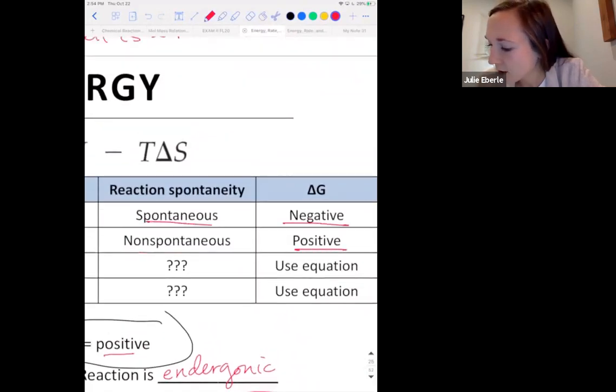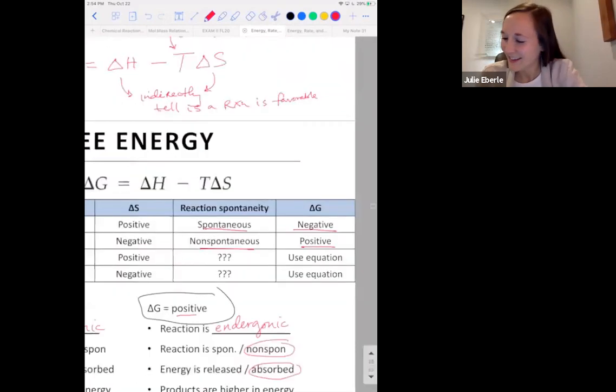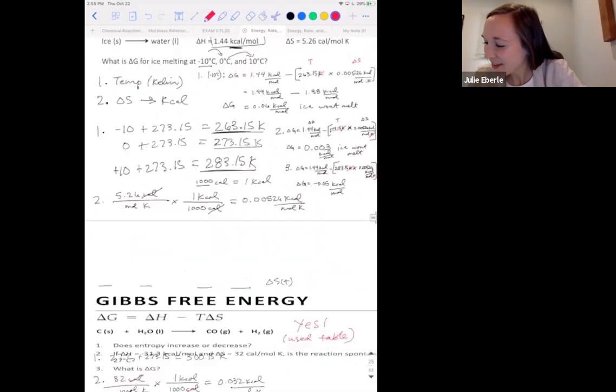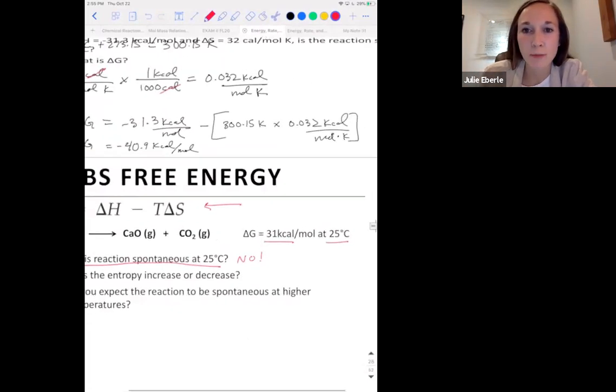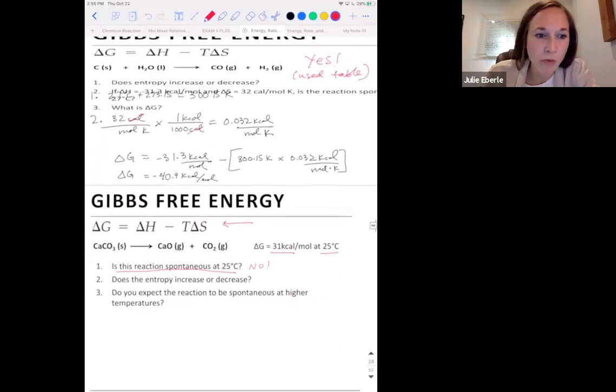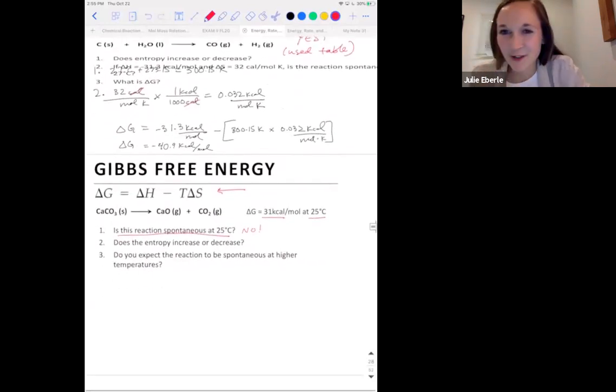If delta G is positive, guess what? Reaction is not spontaneous. So delta G is positive here. So no, it's not spontaneous. All right, boom, simple. That's how we answer that one. Yep, non-spontaneous.